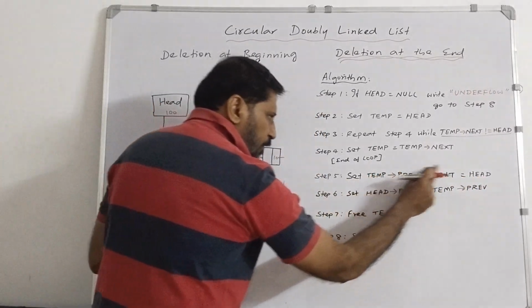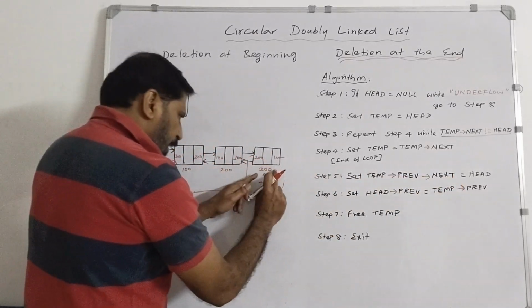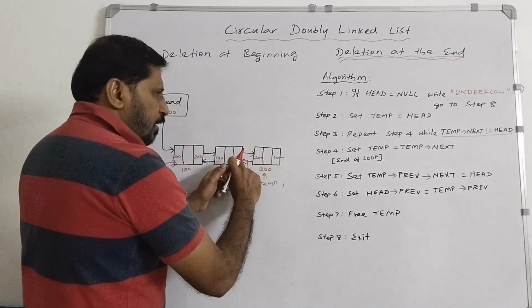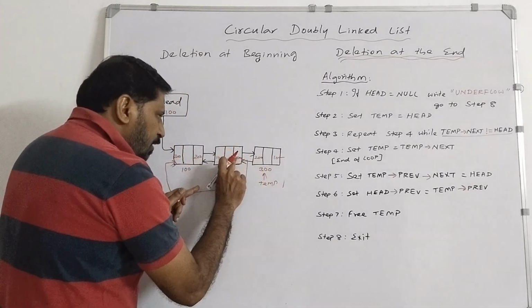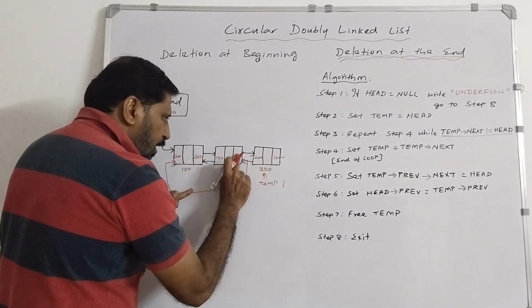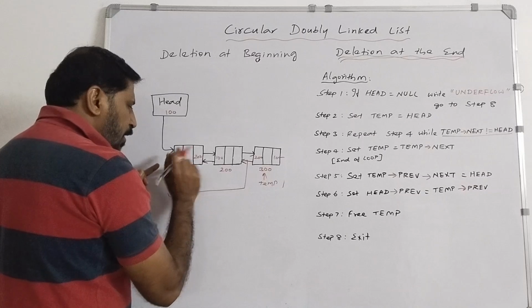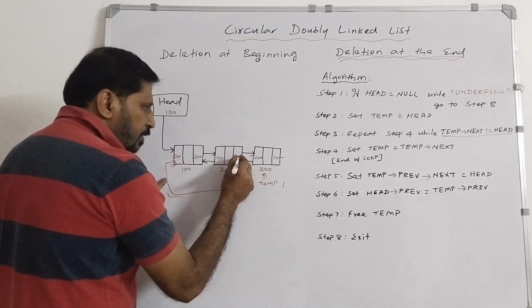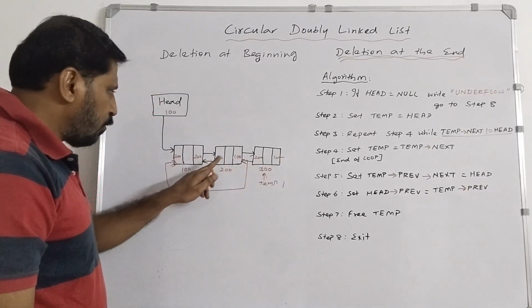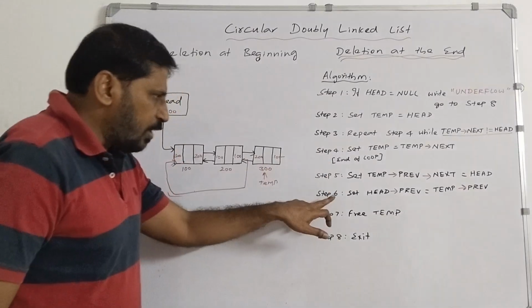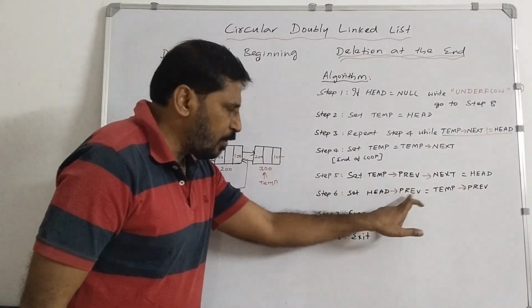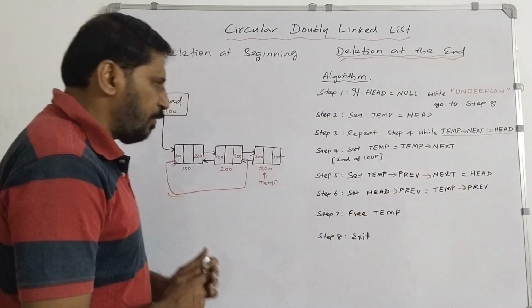Set temp previous next: temp previous next is assigned as head. That means in the next node this is not 300; instead I am mentioning this is 100. Is the point clear? This is the change we made in step 5. And step 6: set head previous equal to temp previous.